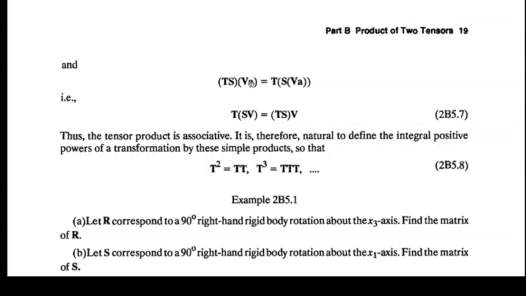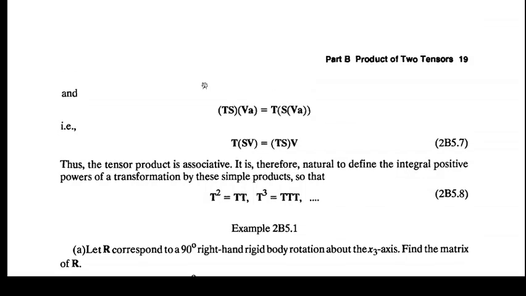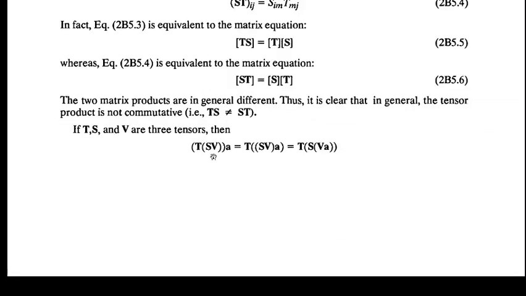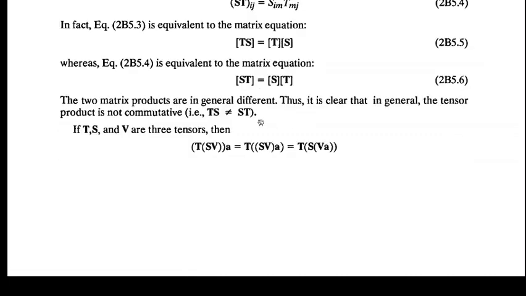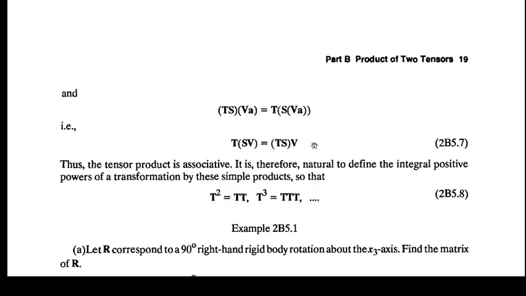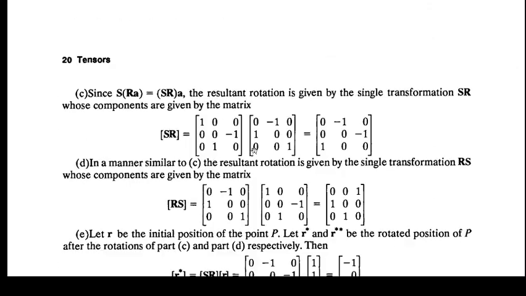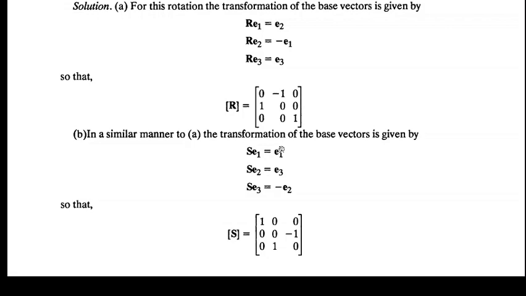You can write one step before this, TSVA, and that step will be in this form: TS bracket V whole bracket outside A. That will be equal to this thing, and this will be equal to this T of SVA. So you can see the right and left sides are equal. This and this are the same, so you can write T of SV equal to T of SV.